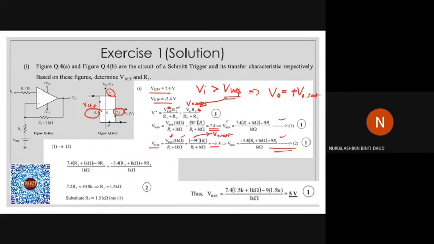If you make the V reference the main variable, but if you make R1 the main, V reference is going to be inside here. That's basic maths, I don't have to go there.